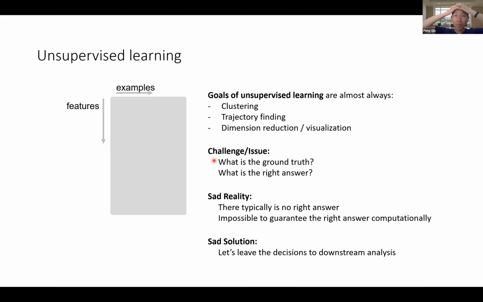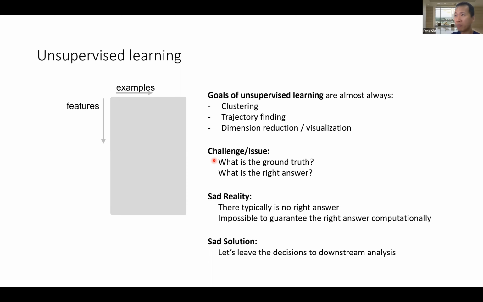All right, so one big challenge for unsupervised learning is that usually there doesn't really exist an underlying ground truth. For example, given a data set, how many clusters there really are? The answer actually is subjective. It depends on how hard you squeeze your eyes, right? If you look really closely, you see many clusters, but if you zoom out and take a bird's eye view, you probably will see fewer.